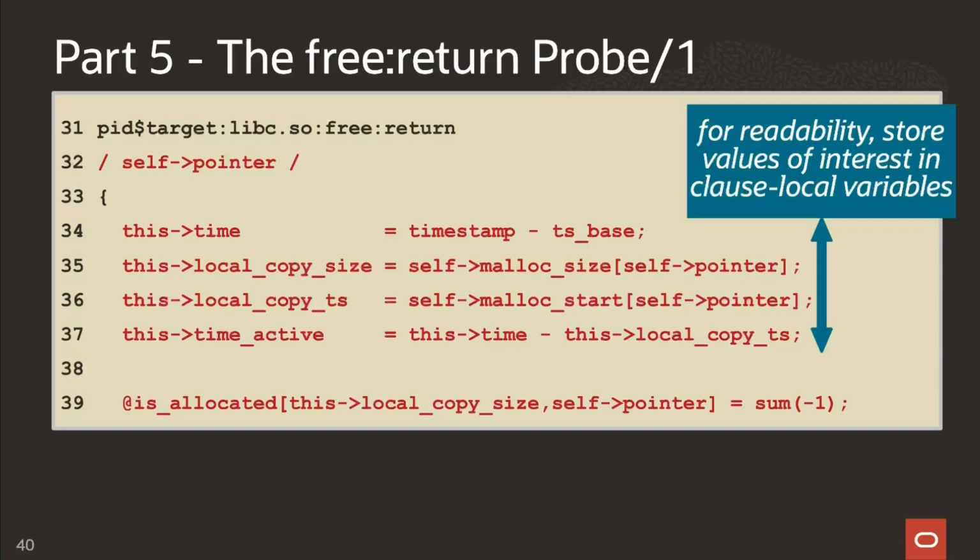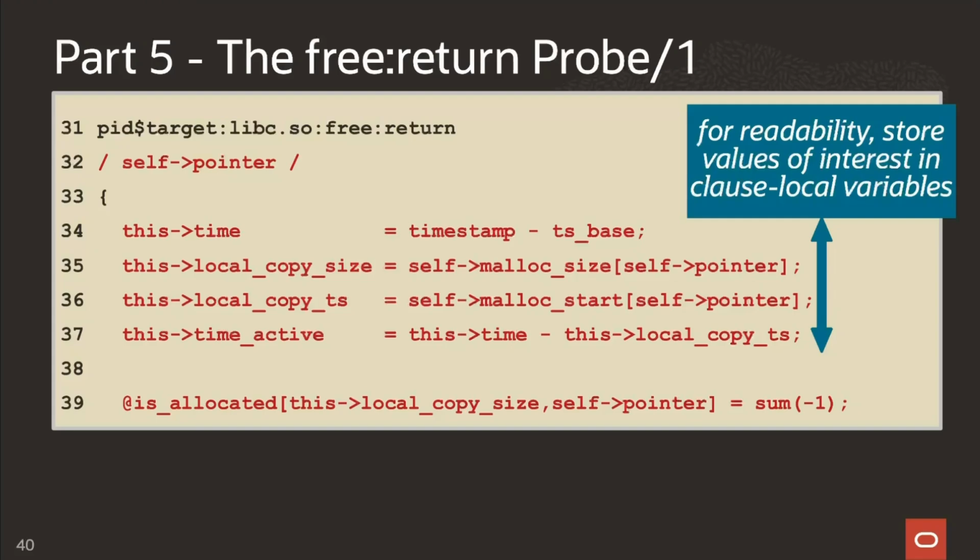At line 35, I want to have my local copy of the size. So I'm grabbing the element from that associative array. Same for the timestamp that I had. Again, I could reference those elements on the right-hand side directly, but that would make things very long and harder to read, I think.